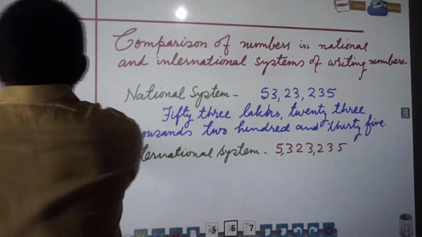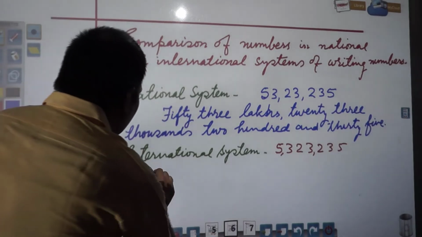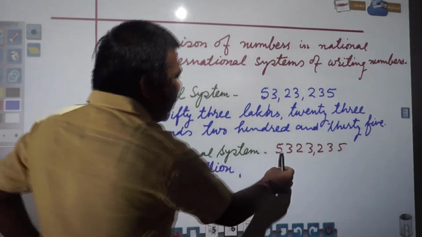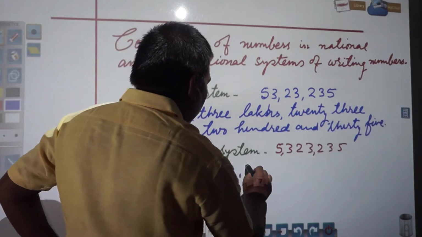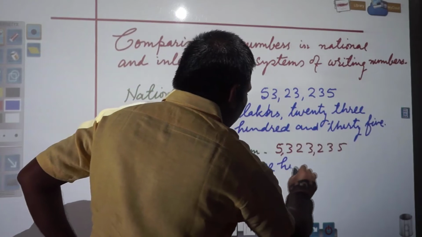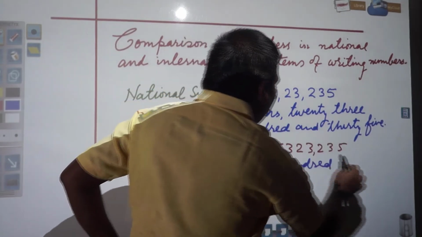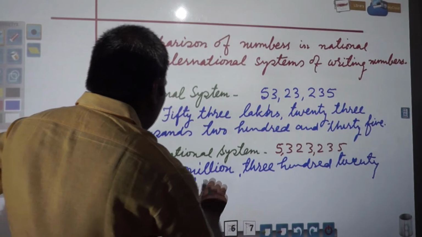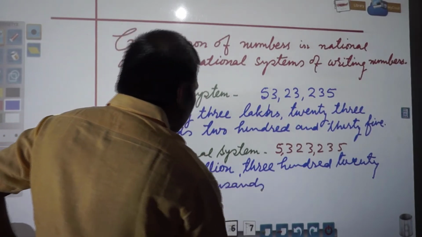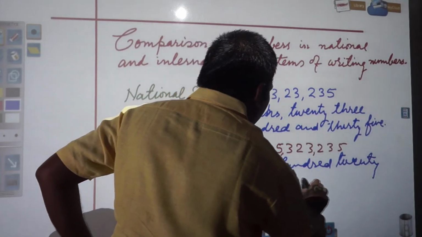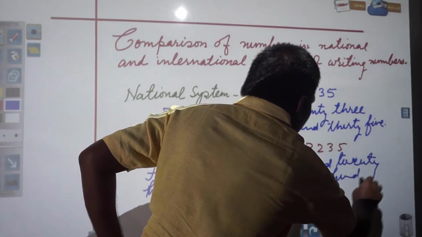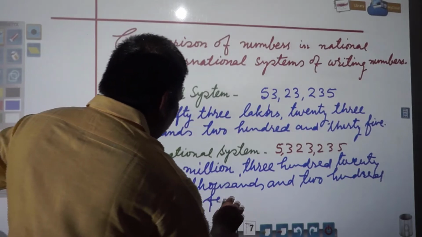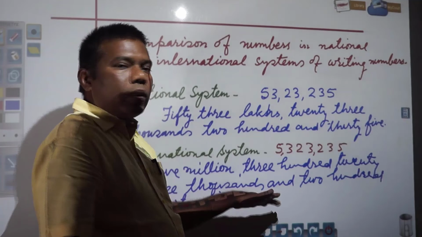So this will become 5,323,235. Like this, you write the numbers, compare yourself and see the difference.